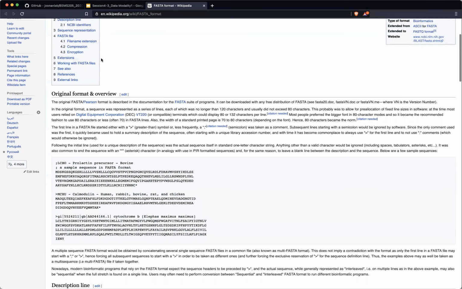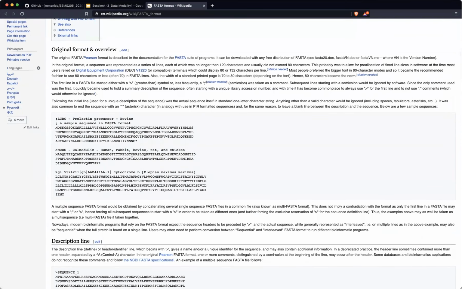If you look at the FASTA format, it looks like this. This is probably a protein sequence, and it is also stored in the FASTA format. If you look closely, it has one line here and a second line here.